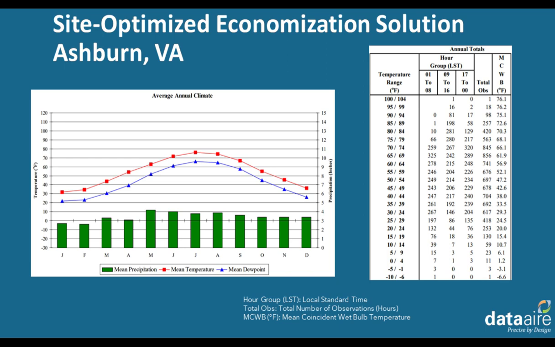So here you can see on the table on the right, those temperature ranges are all 5-degree ranges, like 100 to 104, 95 to 99. Those are all 5-degree ranges. And the total OBS is the total number of observations in hours. So if you add up all those hours, you'll see 8760, it's a full year.